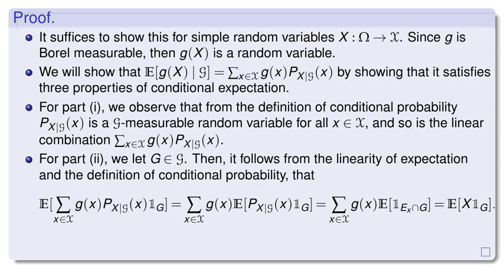For part 2, the averaging property, let G be any event in script G. Then, using the linearity of expectation and the defining property of conditional probability, the expectation of the sum over x of g of x P sub X given script G of x times the indicator of G equals the sum over x of g of x times the expectation of P sub X given script G of x times indicator G. By the property of conditional probability, this equals the sum over x of g of x times the expectation of indicator E sub x intersect G, where E sub x is the event X equals x.